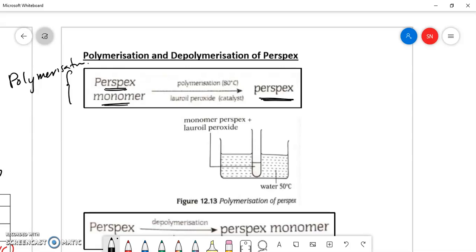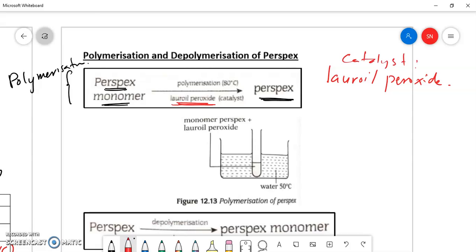For polymerization, there are a few requirements. One is we need a catalyst. For this particular polymerization of perspex, we are using lauroyl peroxide as the catalyst.